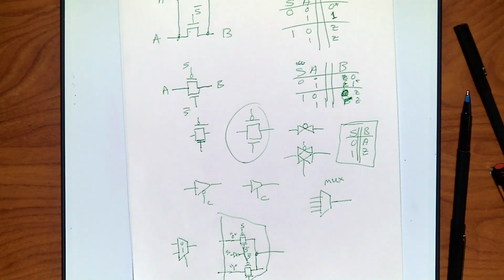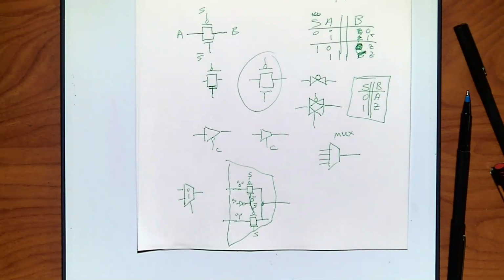So these transmission gates let me build a multiplexer really easily. So far, so good? So can I do anything with this logic device? The multiplexers give you a nice way of doing logic design. What does it do?